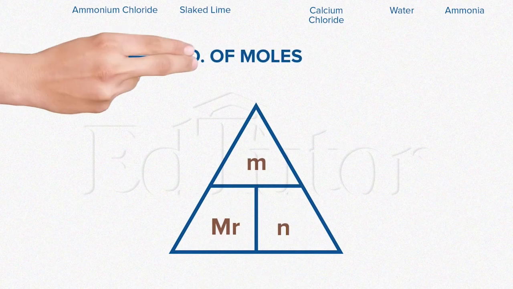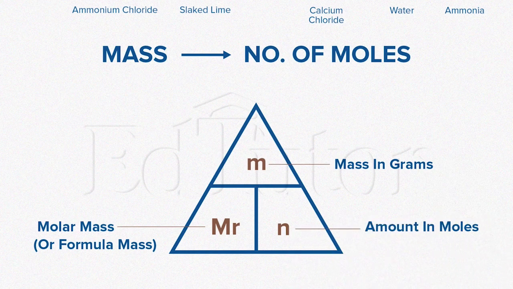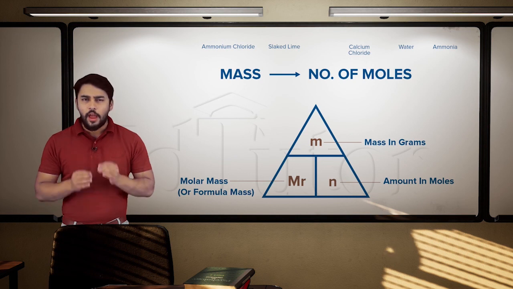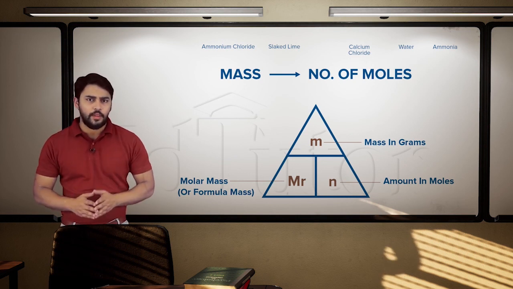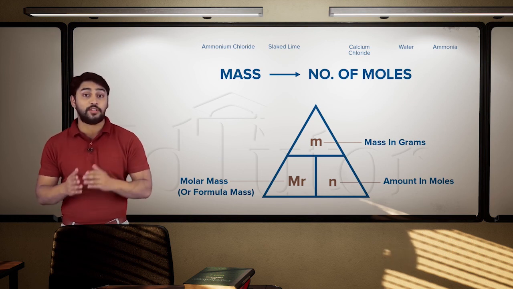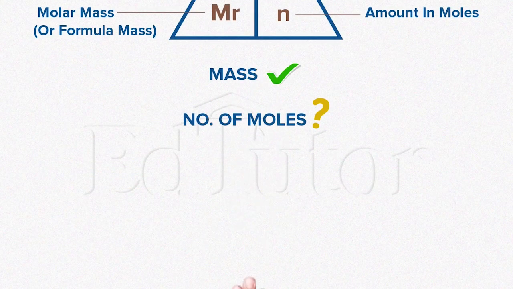So, the first step is to convert the mass of both the reactants, ammonium chloride and calcium hydroxide, into the number of moles. And don't we already know the formula for that? Yes, we do. That is the mass of a substance divided by the molar mass of the substance. Is that correct? So, we have been given the mass of the reactants in the question.